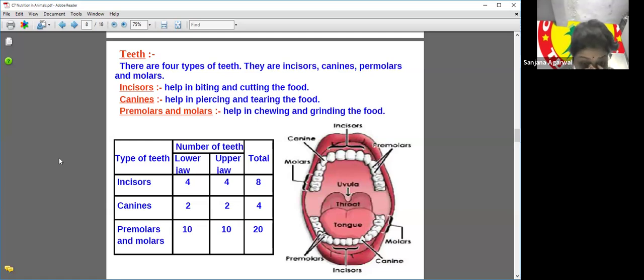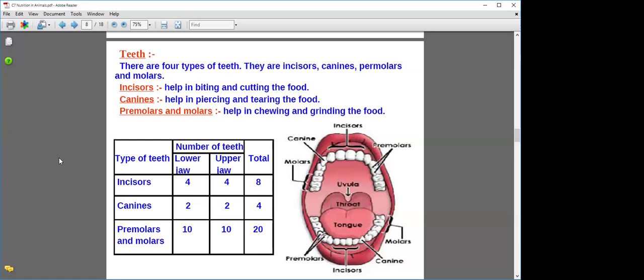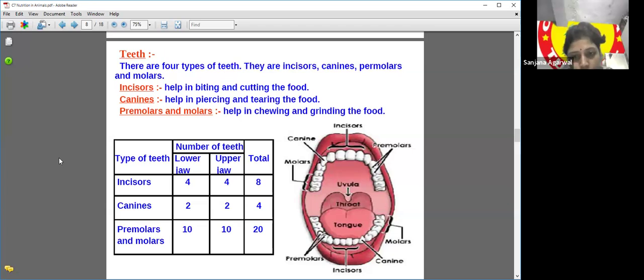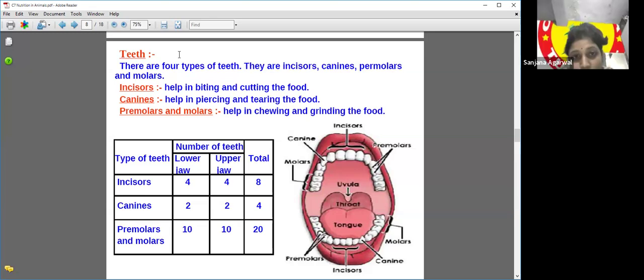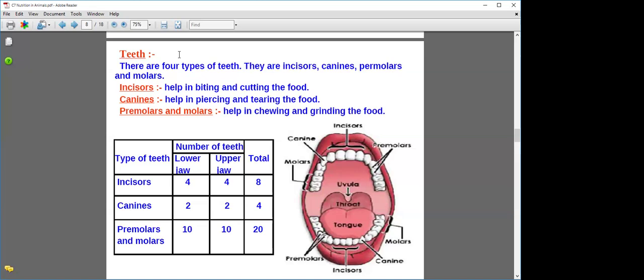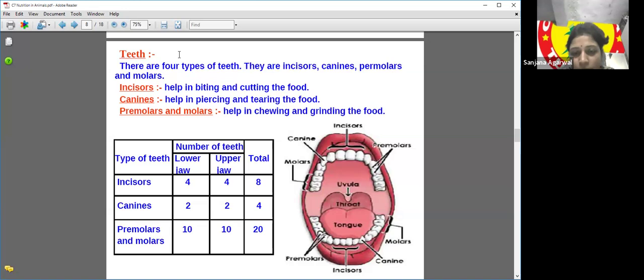How many sets of teeth does an adult have? Complete set of teeth, total.